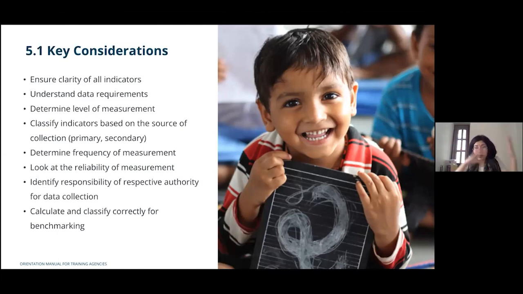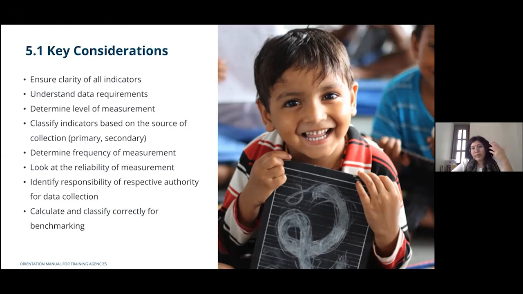Once we identify all of them, we are looking at the source of data. Will this data come from NULM? Will this data come from smart cities? To collect this data, are we going to do it as a yearly exercise, or are we going to do pre and post? Things like that. What is the reliability of measurement?